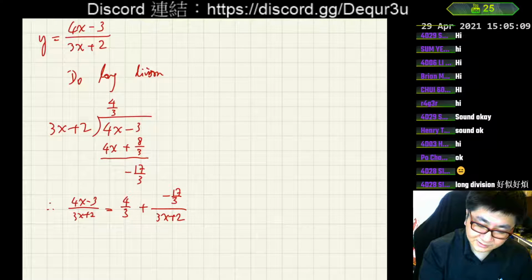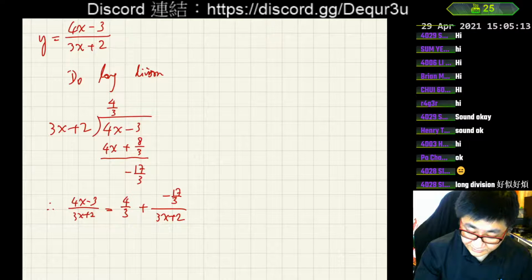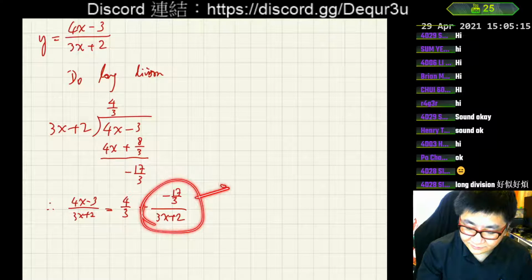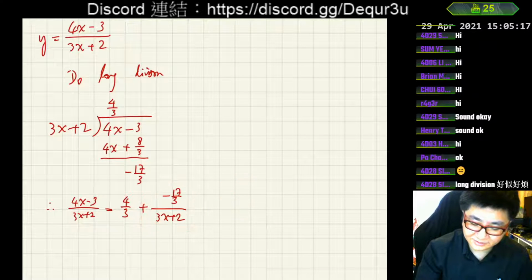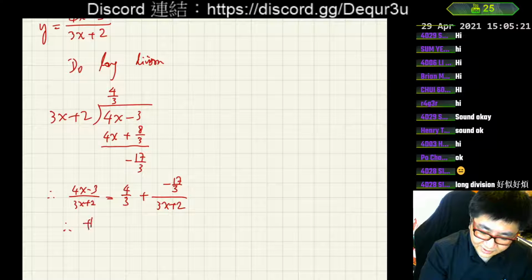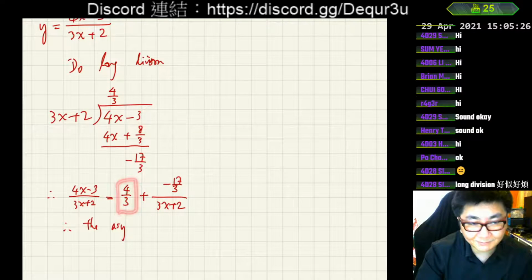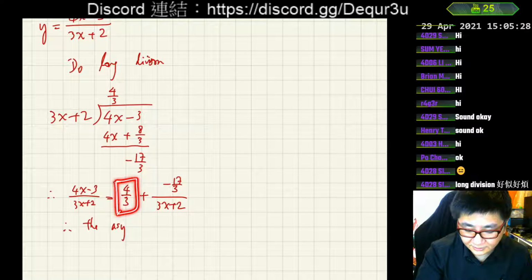Next, the quotient will be the asymptote, because the fraction part here will always go to 0. Therefore, from here we can see the asymptote. But in this case, you can see this is just a number, not power 1, not linear.